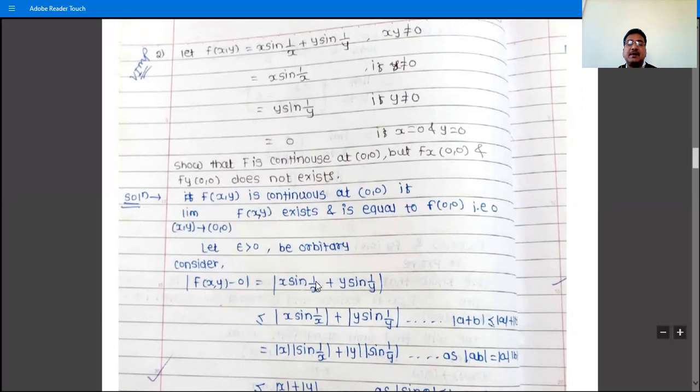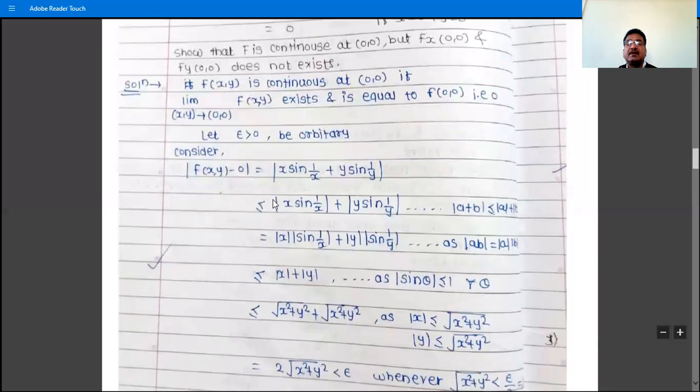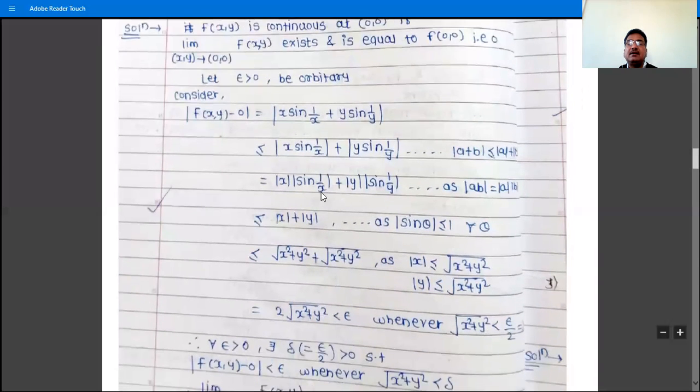Then mod of x into sine 1 by x plus y into sine 1 by y. Then by using the triangle inequality, mod a plus b is less than or equal to mod a plus mod b. Then again separate mod a into b as mod a into mod b. So here we have less than or equal to, separate the mod, and then mod sine 1 by x and mod sine 1 by y.